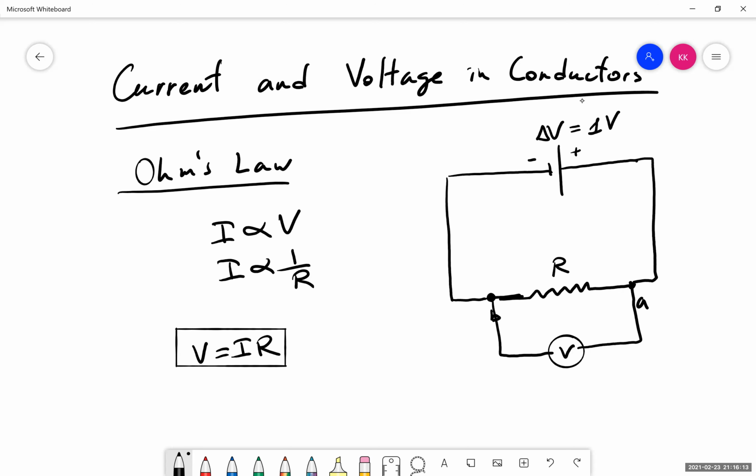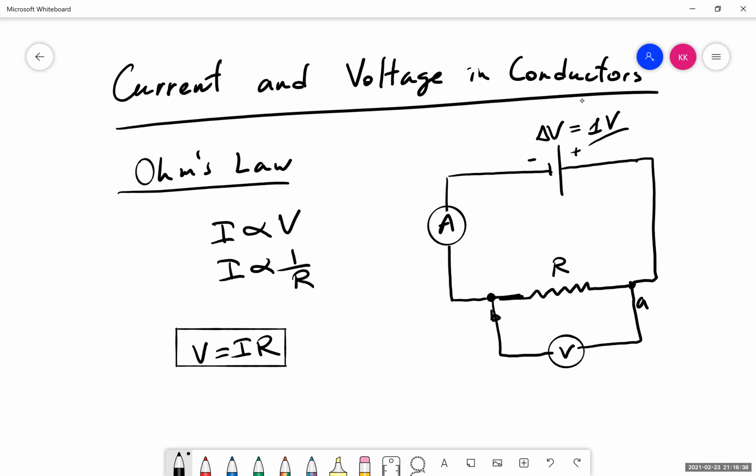All right, so what I can do here is use the voltmeter to measure the voltage across the resistor. Then I can use an ammeter, which is a device that measures the current. It's connected between the battery and the resistor. So hook up an ammeter like this, and this will measure the current going through the resistor.